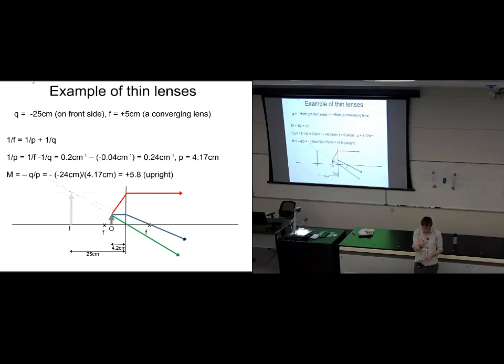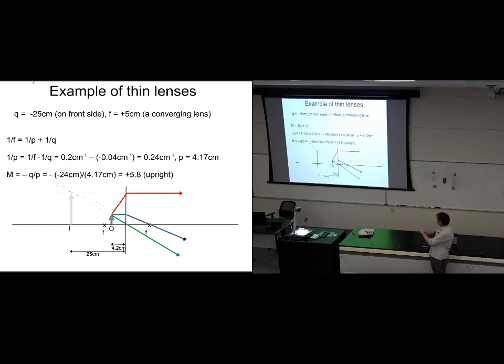I just don't know the object position p, so I can solve for the one unknown in that equation. I'm going to rearrange this: the inverse of p is the inverse of the focal length less the inverse of the image position. Plugging in the focal length, 5 centimeters, 1 over 5 centimeters is 0.2 inverse centimeters.